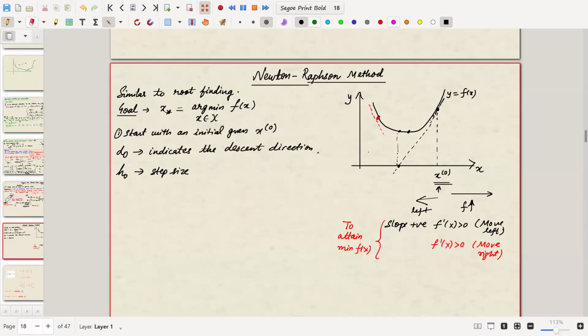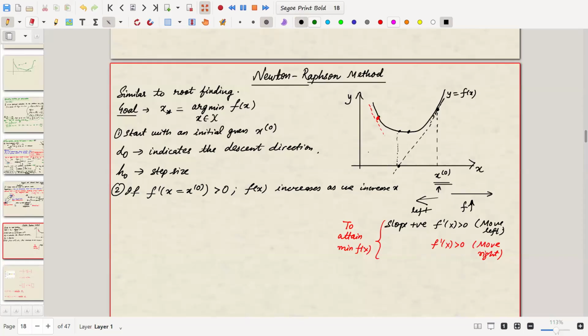Okay. So now I will write very formally: if f prime x at x equal to x0, the starting point, is greater than 0, then fx increases with x. fx increases as we increase x, isn't it?